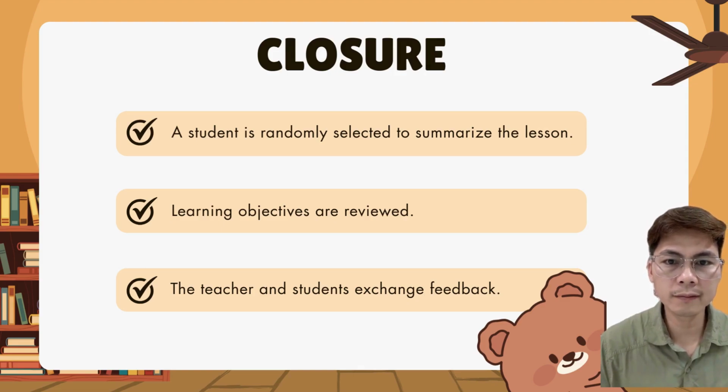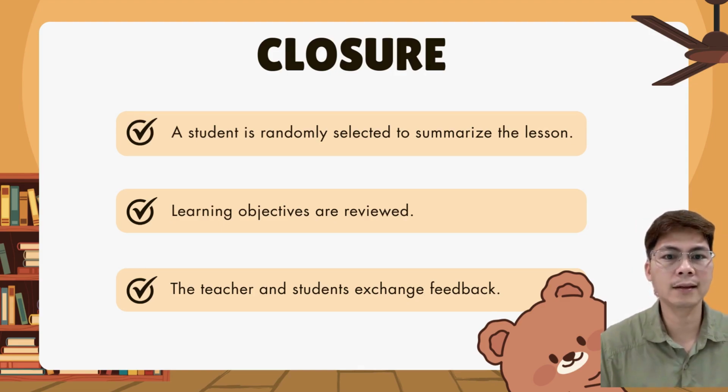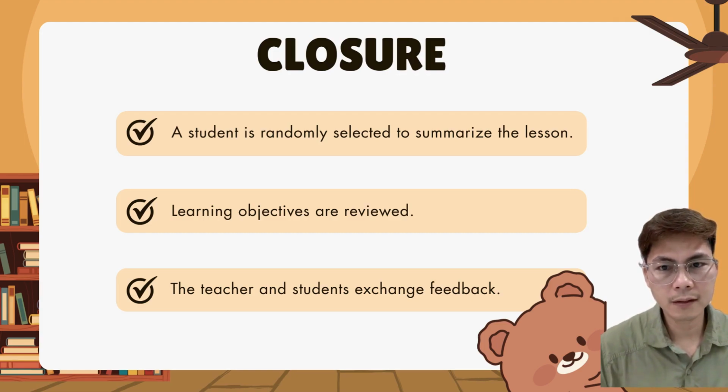Or can you give an example of an adjective? The teacher and students also exchange feedback. Students may share what they enjoyed, while the teacher gives positive reinforcement. This helps students feel appreciated and motivated.